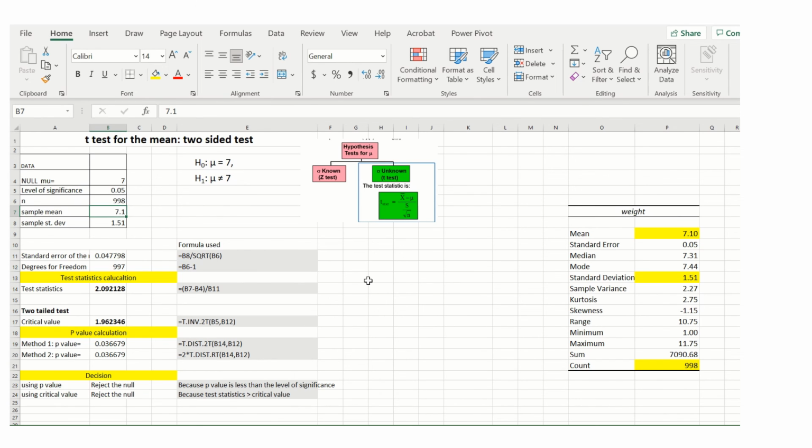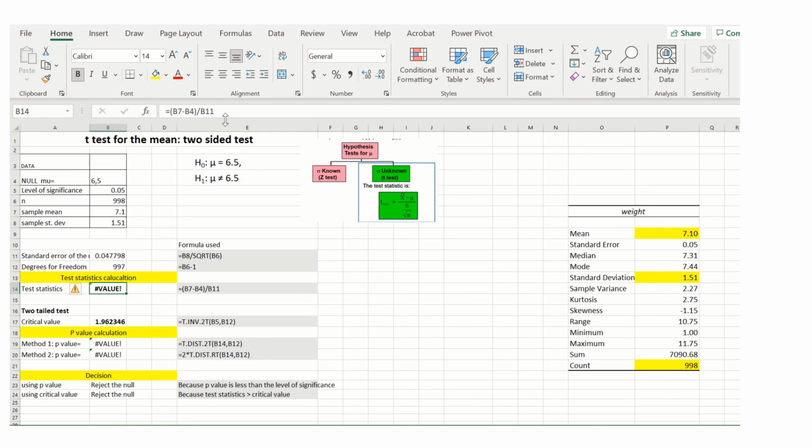So I hope it will help you to make a decision. And if you have the setup, you can test any value. Let's say we make it 6.5 and then change only this value, and then you will get the corresponding value.